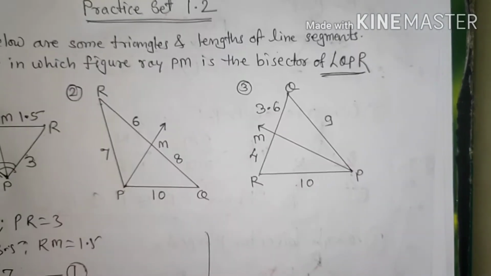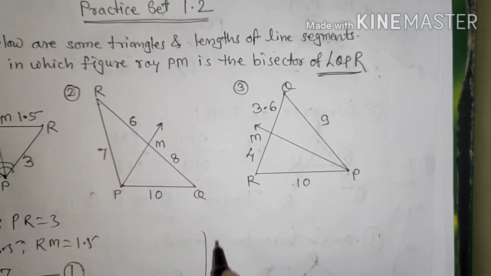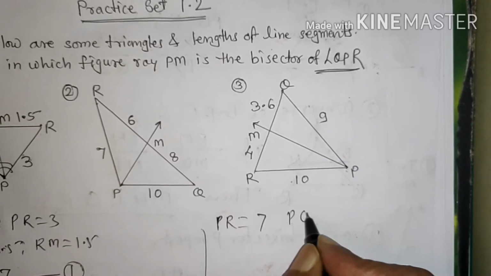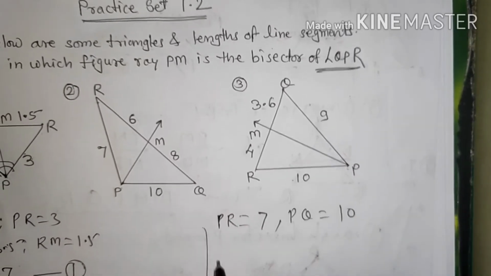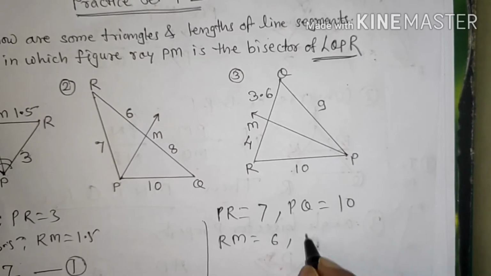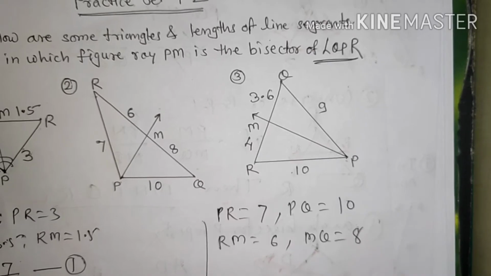In the second figure, here PR is equal to 7, PQ is equal to 10, RM is equal to 6, MQ is equal to 8.